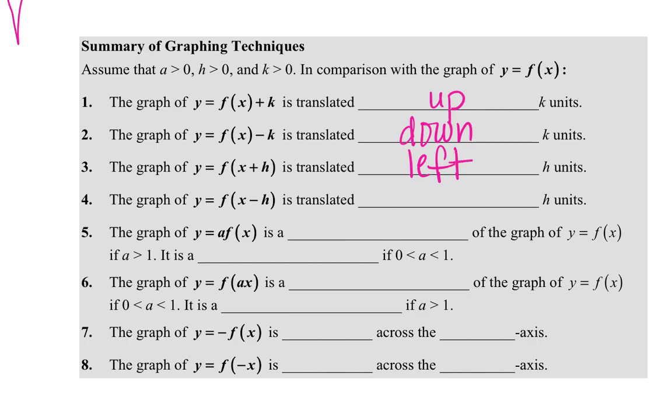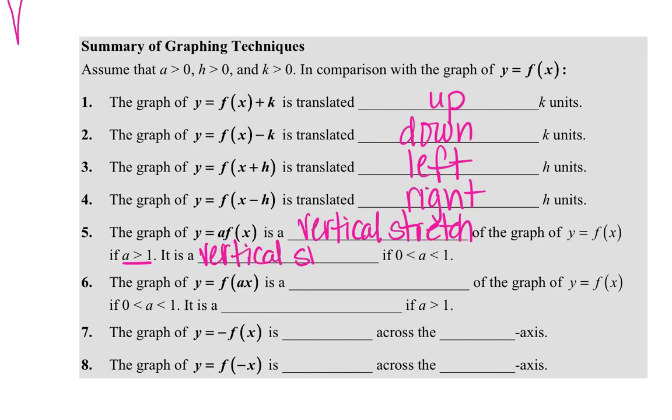And if it's x minus h, you translate right h units. The graph of a times your function is a vertical stretch as long as a is greater than 1, and it is a vertical shrink if a is between 0 and 1.